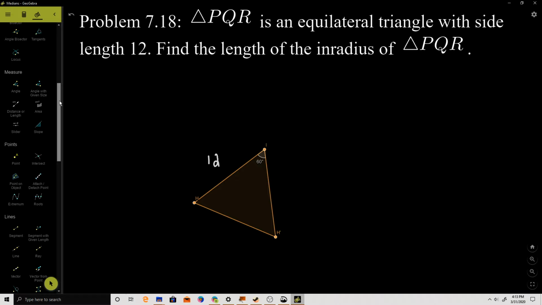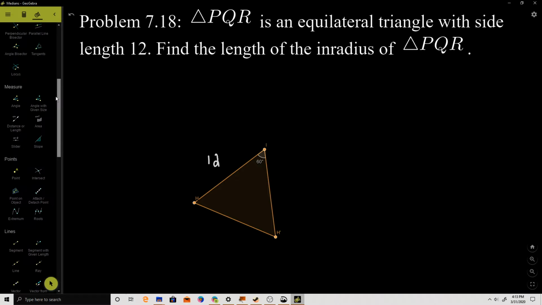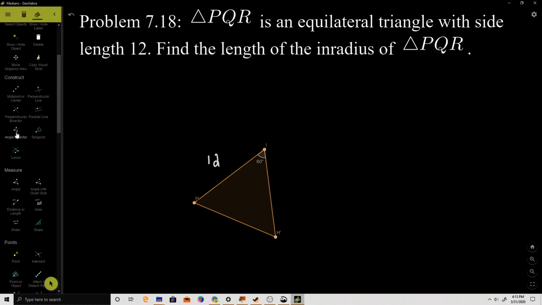And to find the incircle, we need an angle bisector. So on GeoGebra, we have our angle bisector tool. So I'm going to select my 3 angle bisectors here, here, and here.